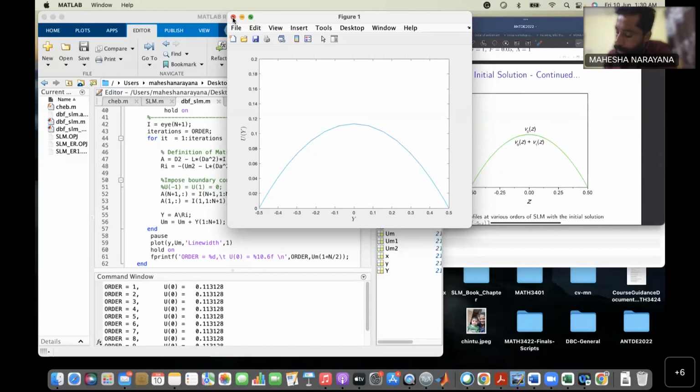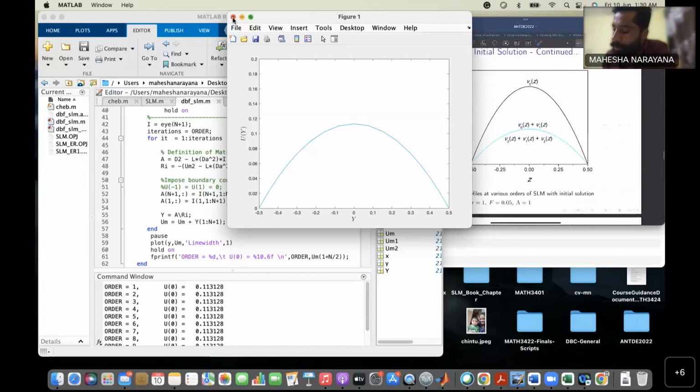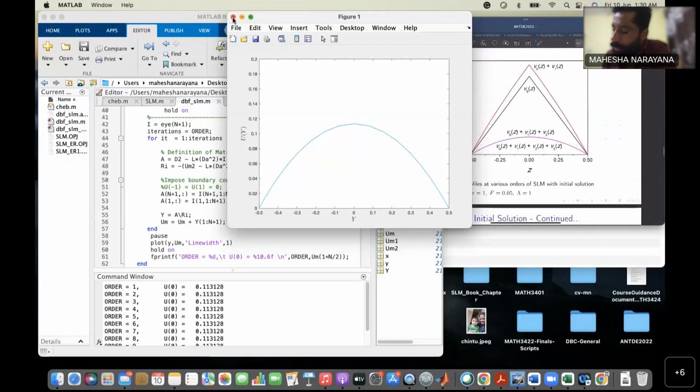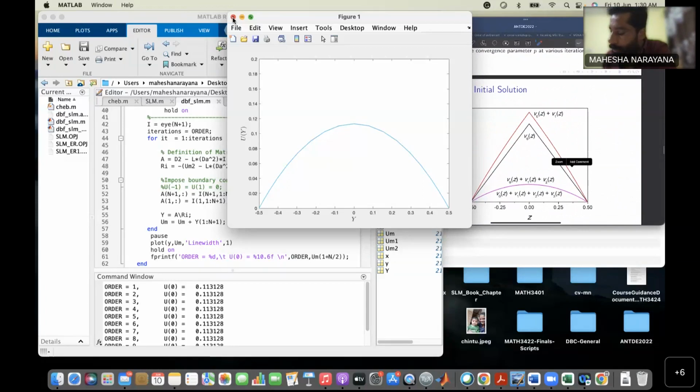If it is a bad initial solution, it would have taken more iterations, but it would have eventually converged. So it is insensitive to the initial solution, at least for this particular problem, as I have shown using the plots.